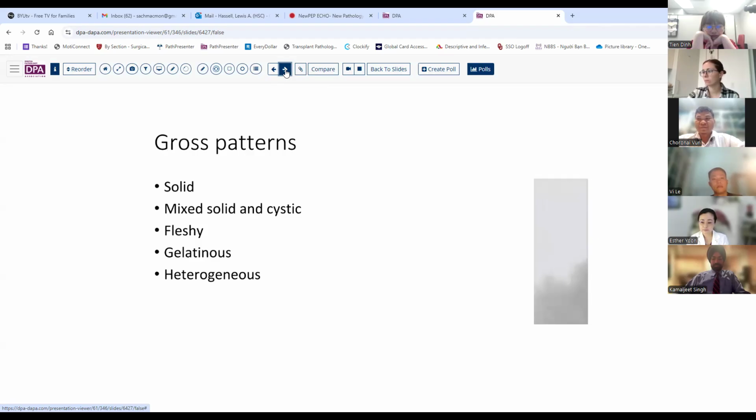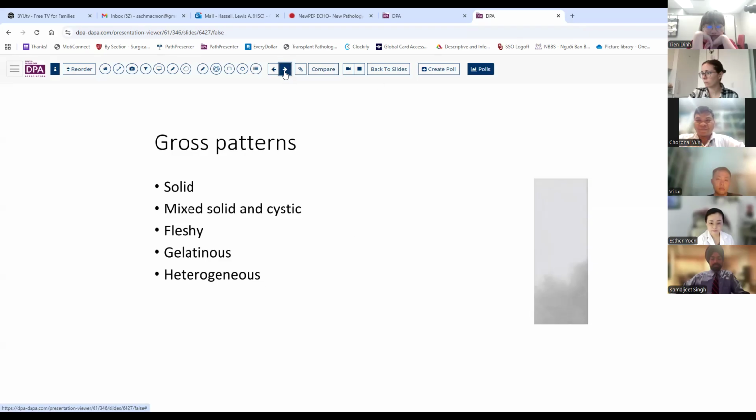Once you've got the tumor in your hand, there are several patterns, and I find these very useful in evaluating an ovarian tumor. So we're going to divide some of the things we look at today in terms of these patterns: the solid tumors, mixed solid and cystic, the more fleshy, friable tumors, gelatinous tumors, versus just heterogeneous patterns of variable sorts.